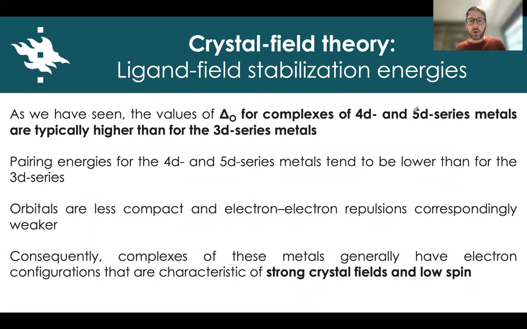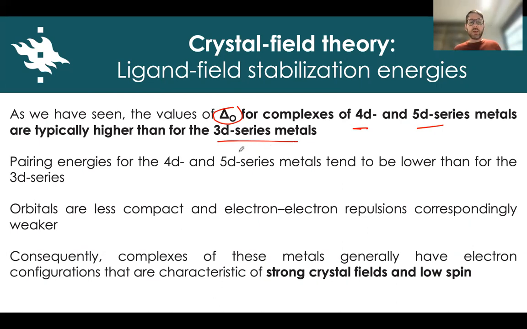And then when we go to the 4d and 5d series, we saw that these orbitals are larger, so they can overlap better with, or interact more strongly with, the ligands. This means that the ligand field splittings for these 4d and 5d complexes are typically higher relative to the 3d series metals.